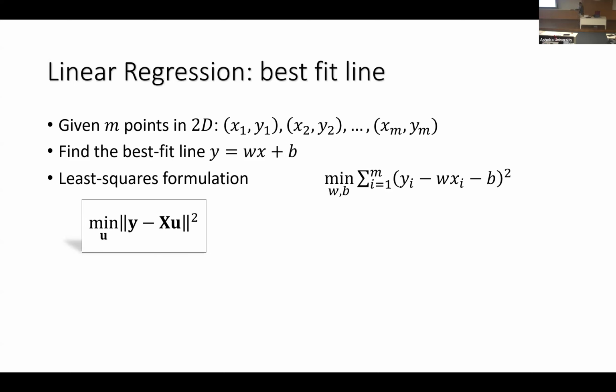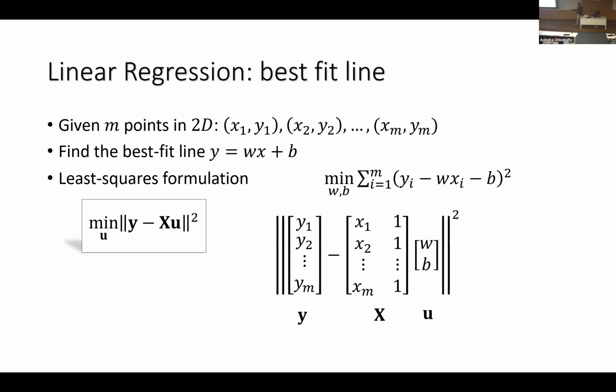So here optimization is with respect to the vector U. Here optimization was with respect to W, B. So often I will write optimization problems in vector form. And if you have not figured it out, here is the solution. You have to stack y1 to ym in the vector y, stack W, B in vector u, and x will basically be x1, 1, x2, 1, and so on.